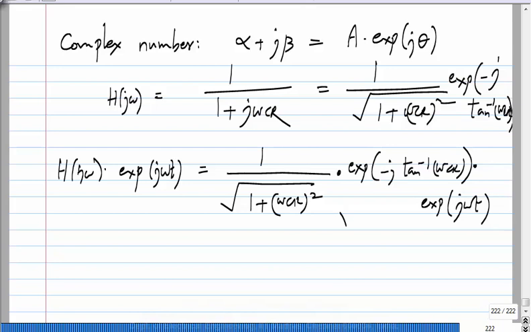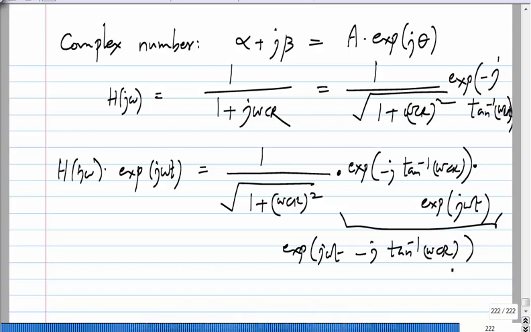So these two will combine to give you exponential j omega t minus j tan inverse omega CR.